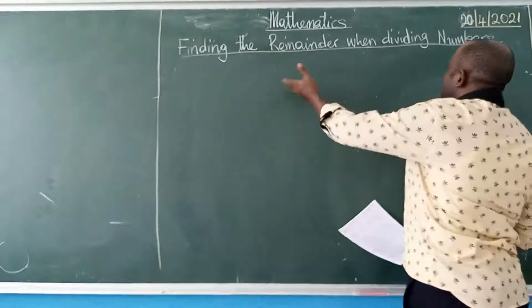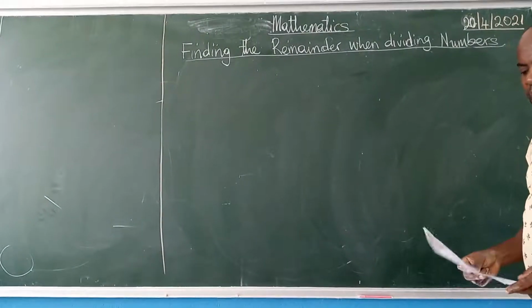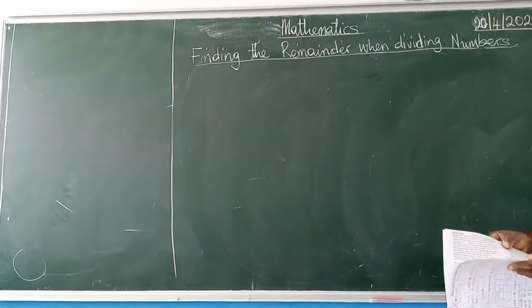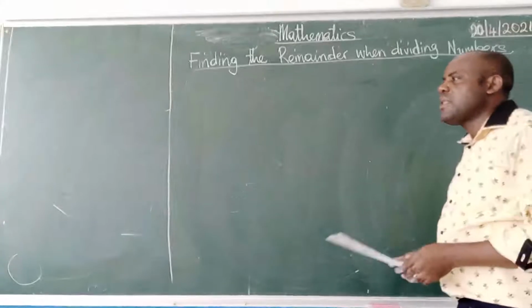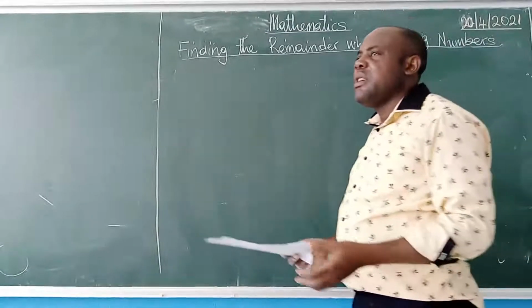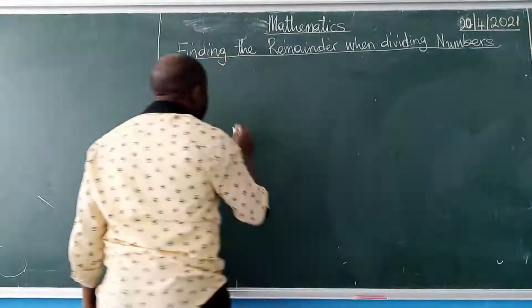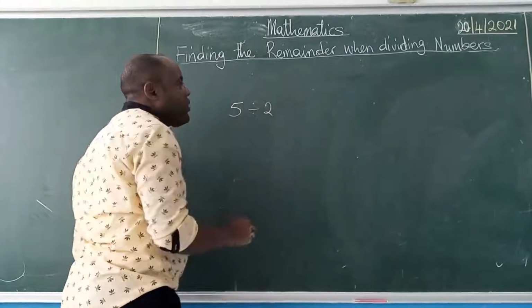We want to look at finding the remainder when dividing numbers. Remember, in our last class, we did division of numbers, how to divide numbers. Now, there are some numbers that when you divide them, they leave a remainder. Take, for example, if I say 5 divided by 2.